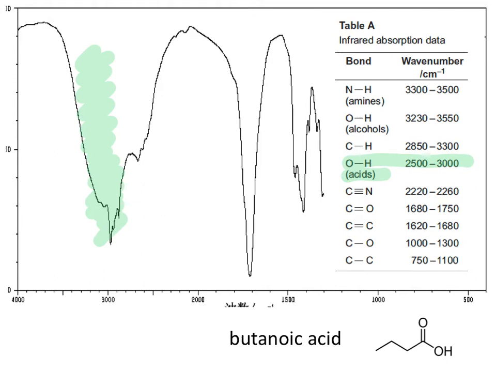We've also got the carbonyl, and so there we get it. You can't have the OH acid absorption without the carbonyl, because it's not a carboxylic acid if it doesn't have both the carbonyl and the OH group on the same carbon.